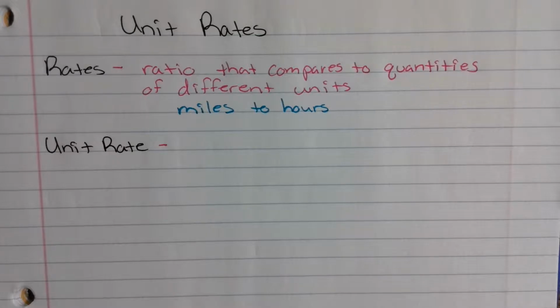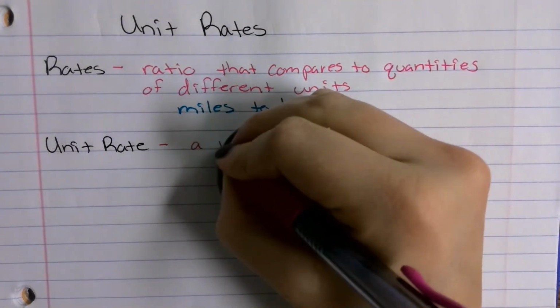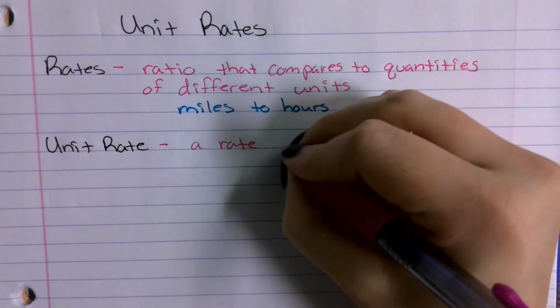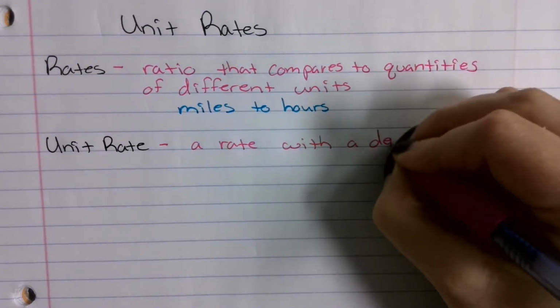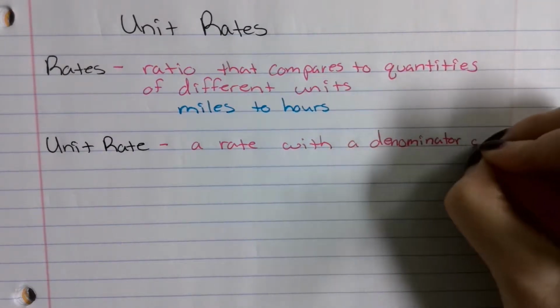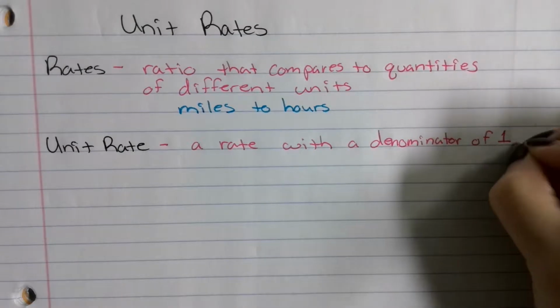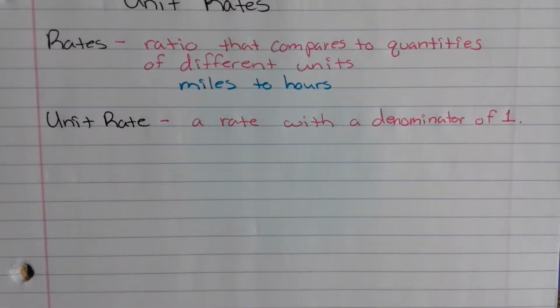That is a unit rate. So it's just a rate with a denominator of 1. Has a denominator of 1, so it's something per 1 unit.